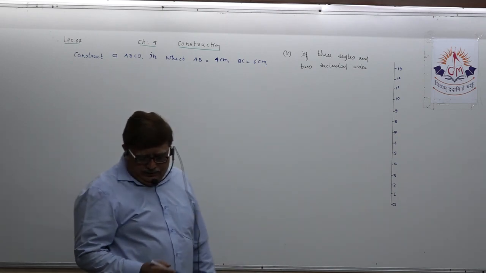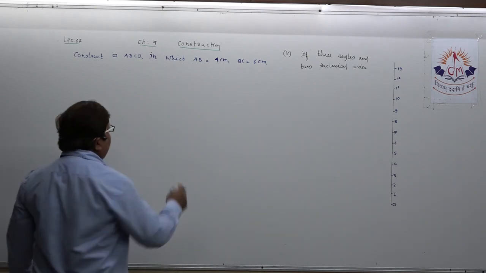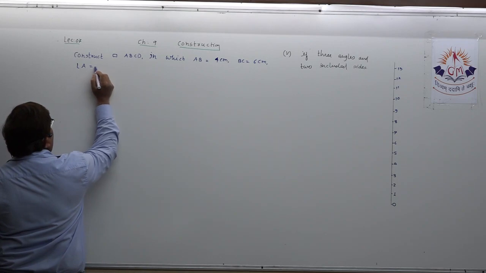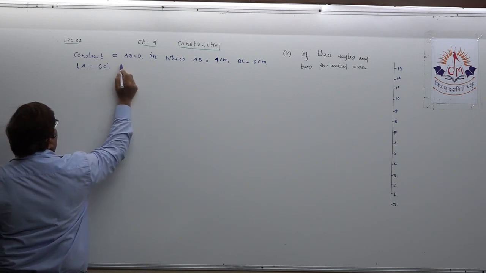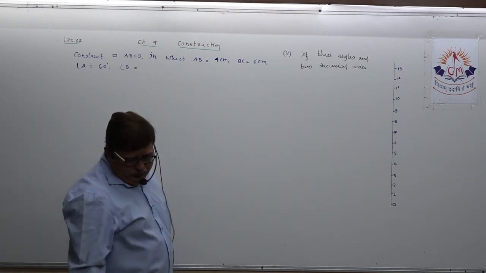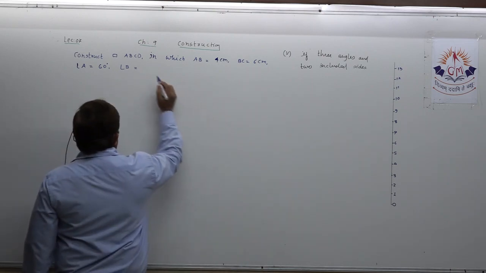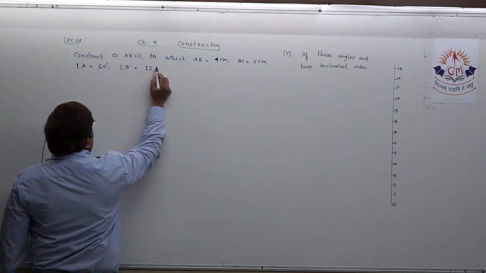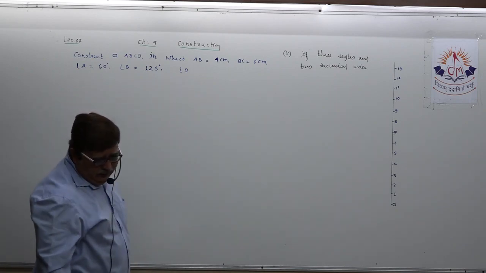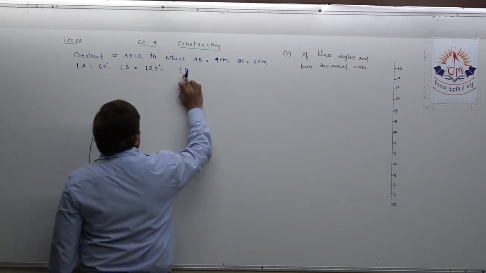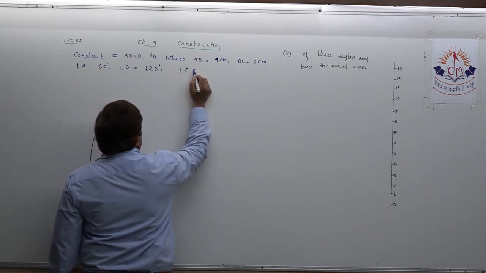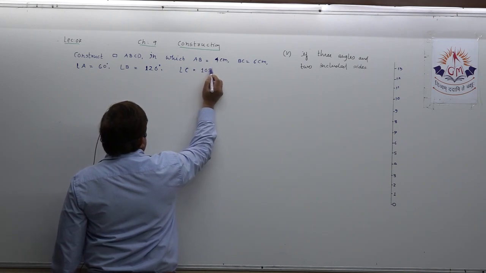Two included sides are given, and three angles are also given. Angle A equals 60 degrees, angle B equals 120 degrees, and angle C is given as 105 degrees.